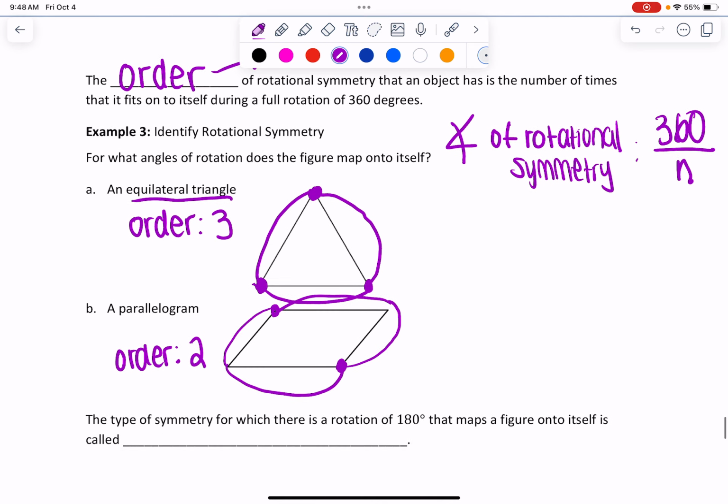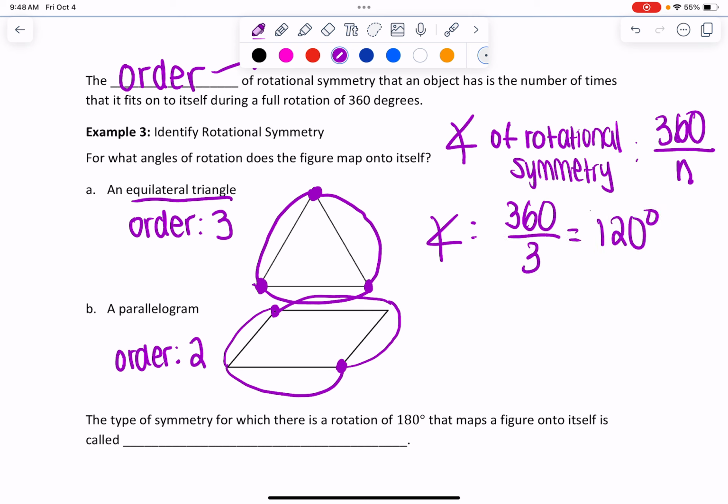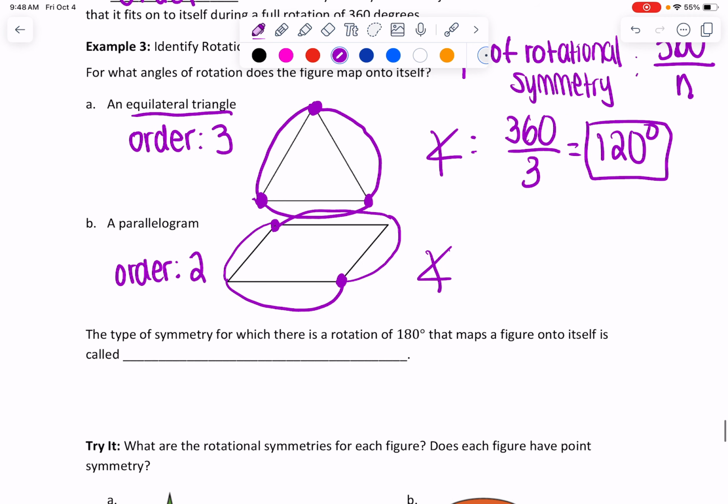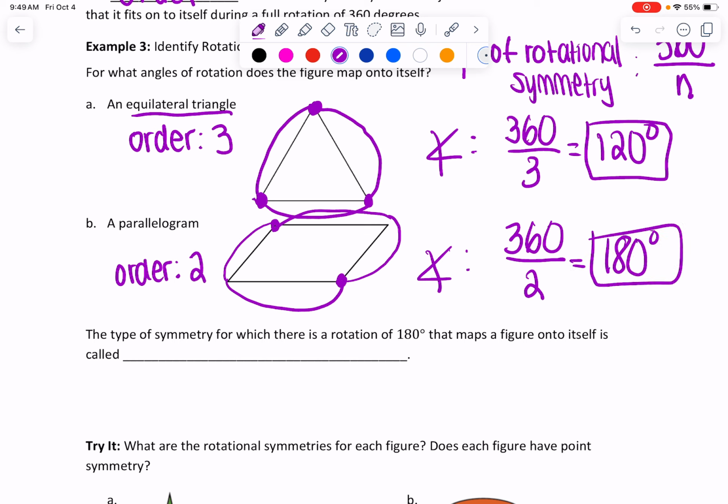So for the first one, you do 360 divided by the order, which is 3, and so you get 120 degrees. That's the angle, and it's degrees because we're talking about an angle. Versus here, the angle is 360 divided by 2, and so you get 180 degrees, the angle of rotational symmetry.